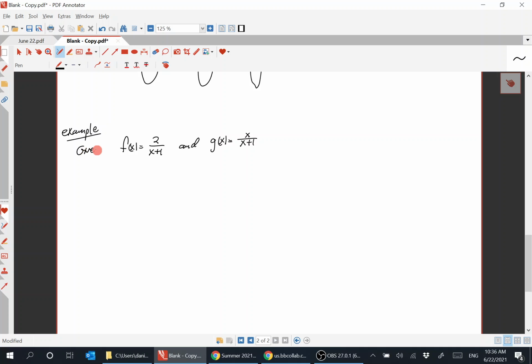So given f of x and g of x, find the simplified algebraic expressions for, so we'll do f following g, we'll also do g following f.